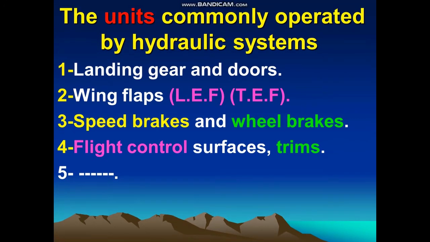The units commonly operated by the hydraulic systems are the landing gear and doors, wing flaps, the leading edge flap and the trailing edge flap, speed brakes and wheel brakes, flight control surfaces, trims, and so on.